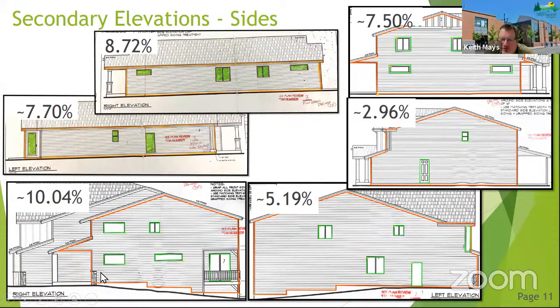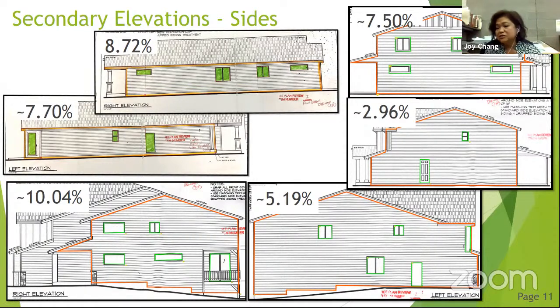So I apologize, Joy, my question was, what is your opinion on additional beyond the one? Right, I was saying no additional requirement on the side or rear elevation, on the secondary elevation. Is that because, Joy, by getting to the 10% windows, you're already going to be getting more than we're currently seeing? Is that your thought process? Yes, that is correct. And the majority of these windows are going to have trim and also some type of shutters so that they can get to that 10% minimum.